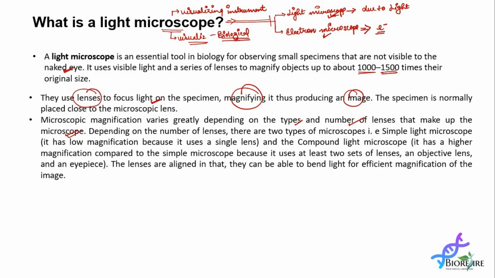Depending on the number of lenses, there are two types of microscope: first is the simple light microscope, second is the compound microscope. In a simple microscope, we use only one lens. But in a compound microscope, we use two sets of lenses: first is the objective lens, and second is the eyepiece lens.